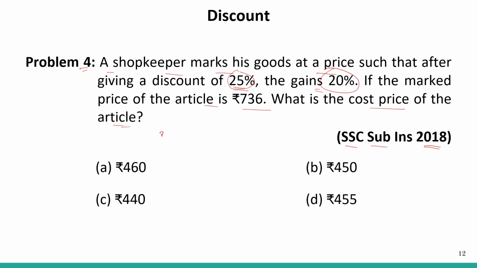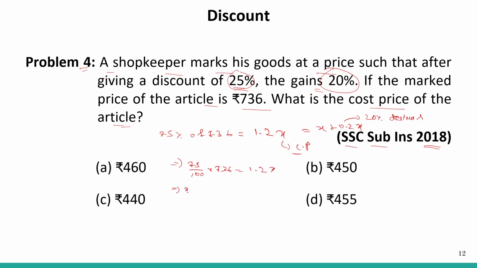So 75% of 736 is actually equal to 1.2x, where x is the CP. So you must be wondering why this much. So this is x plus 0.2x. So it must have been clear to you. This is 20%, decimal 0.2. Okay. So this implies that 75 by 100 into 736 is equal to 1.2x.